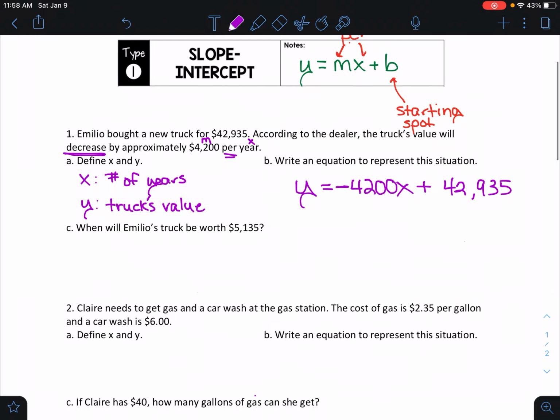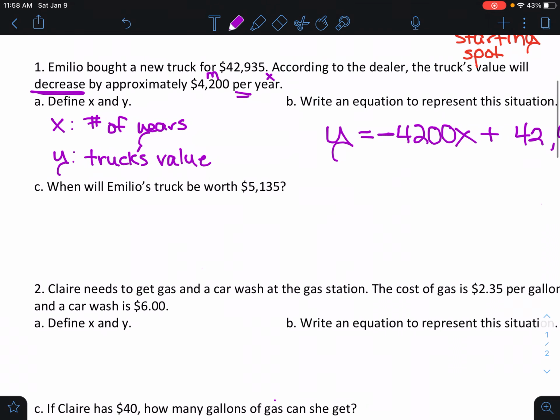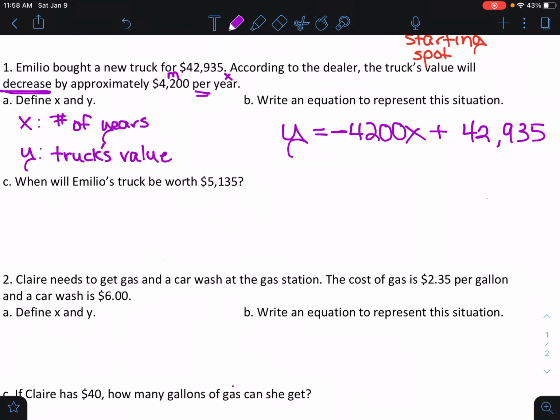Okay, so we're going to use that equation to figure out when his truck will be worth $5,135. Really what you want to do is say, where does this go? Is this $5,135 the truck's value, or is it the number of years? Well, it says when will the truck be worth $5,135?